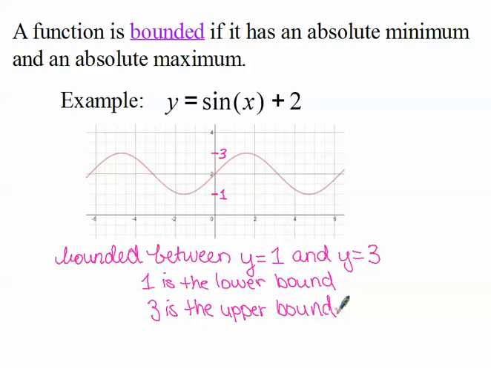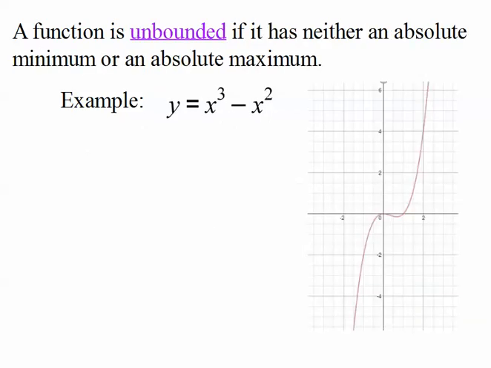If a function does not have an absolute max or an absolute min, then we just say it is unbounded. Now, in most cases, that means at least one of your limit behaviors is going to be pointing toward infinity. So in this case, I can see there is no absolute minimum because this graph continues on down toward a negative infinity value.